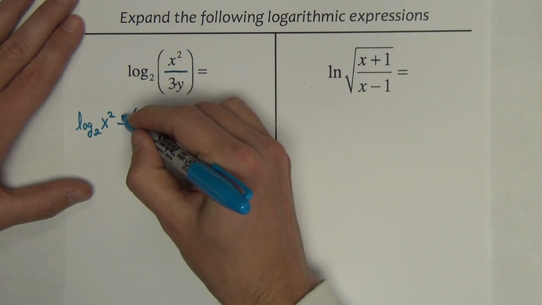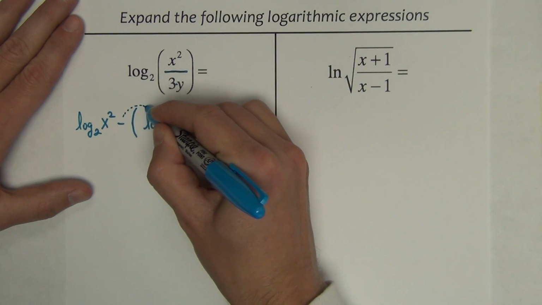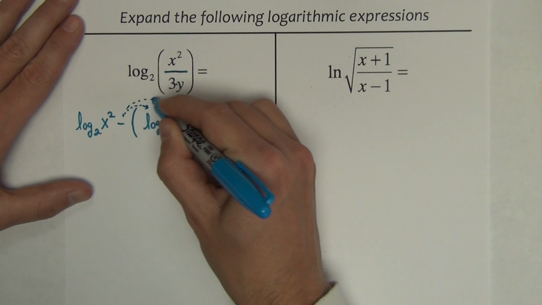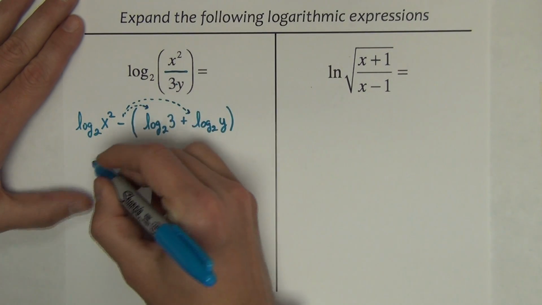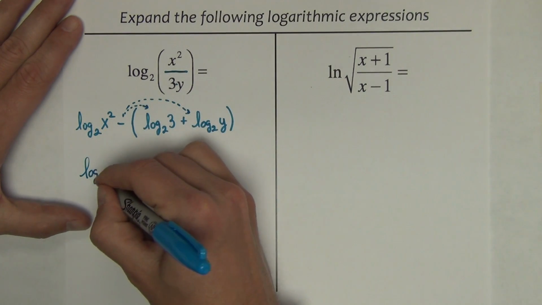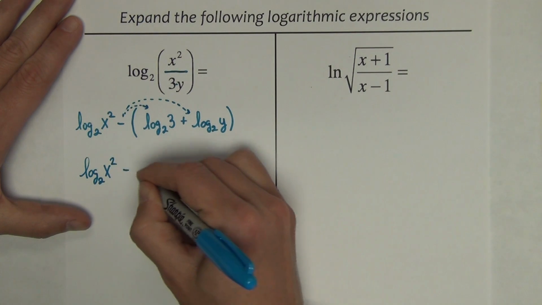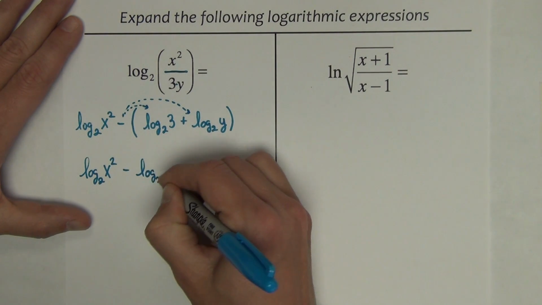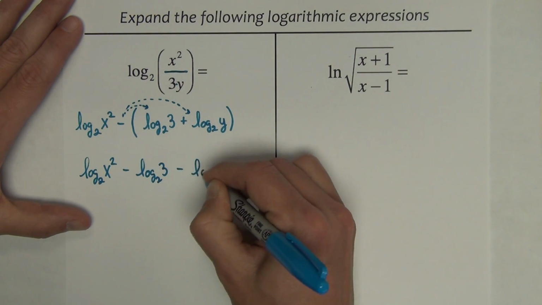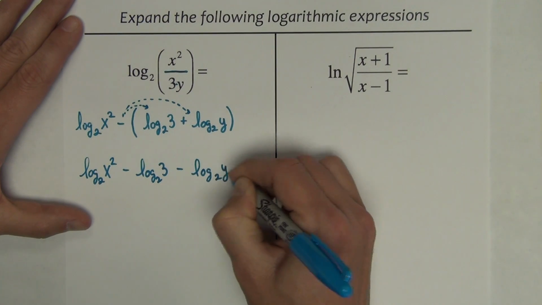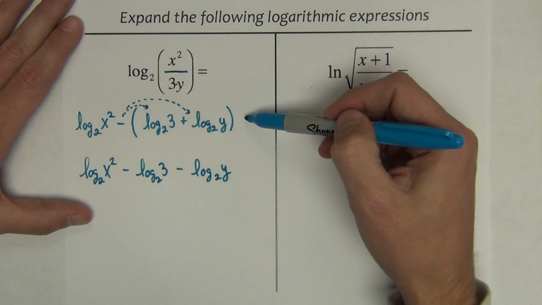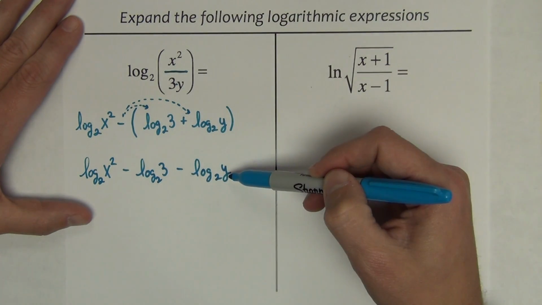However, this negative, this subtraction, is going to have to distribute to each term. So this really becomes log base 2 of x squared minus log base 2 of 3 minus log base 2 of y. I typically skip this line right here, just go straight to this.